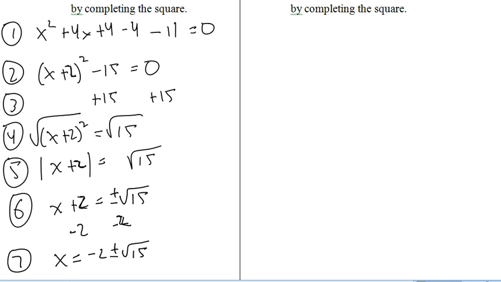Okay, in part 2 on the other side, we're going to do the exact same steps, but with x squared plus bx plus c equals 0. So step 1, I have x squared plus bx, leave a nice big space, plus c equals 0.